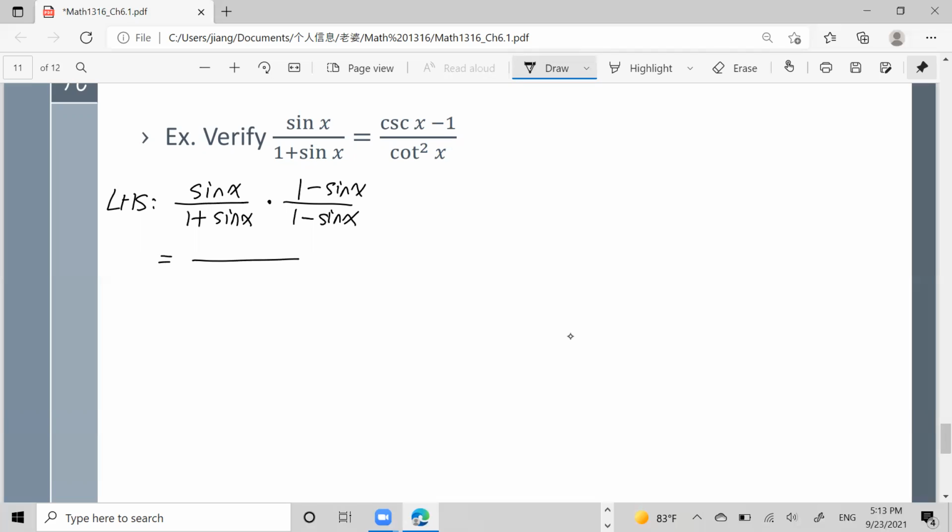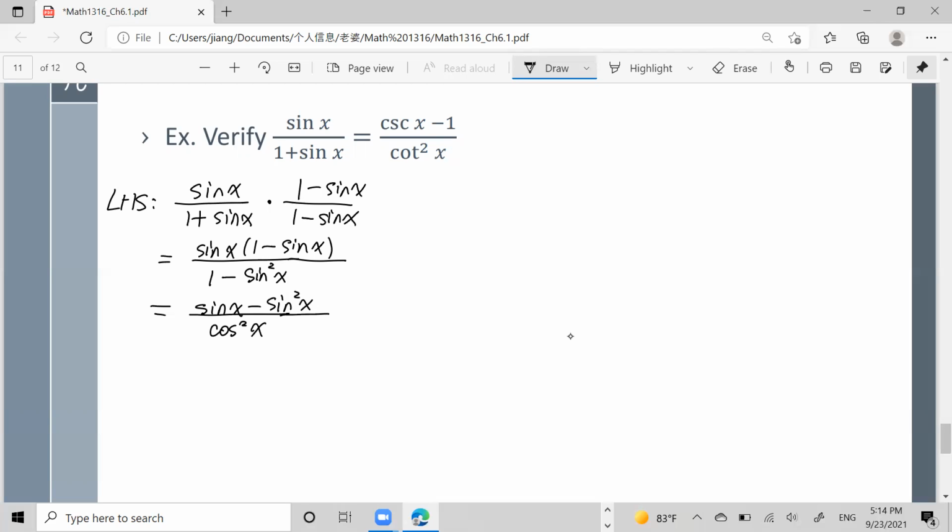And then I got 1 minus sine x squared, and the top part is sine x times 1 minus sine x. The denominator is cosine squared of x, and the top one is sine x minus sine squared of x.